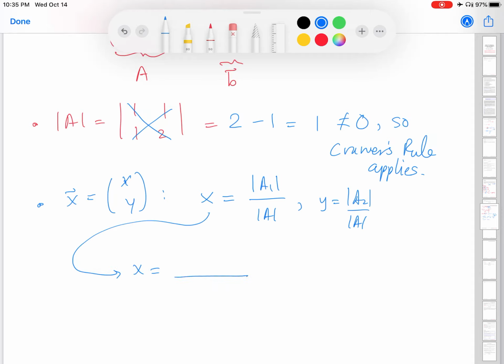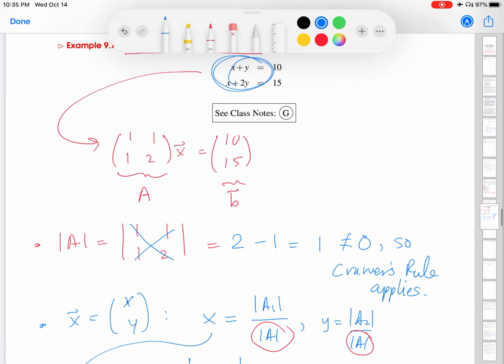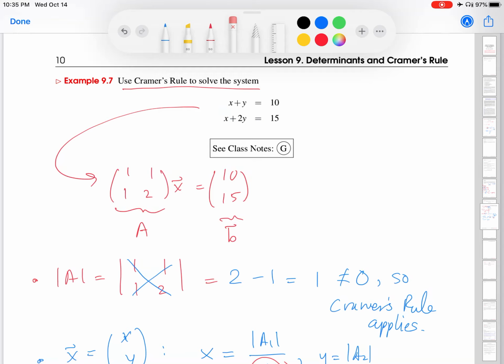Okay. So let's use all this to calculate these 2 components. So first of all, notice that we already calculated the determinant of A, so that's going to go in the denominator. It happens to be 1, so that's not really going to change much in our calculations. And now let's talk about this determinant of A1 in the numerator. So in Cramer's rule, the numerator determinant is the determinant of the matrix formed by replacing the ith column by the vector b.